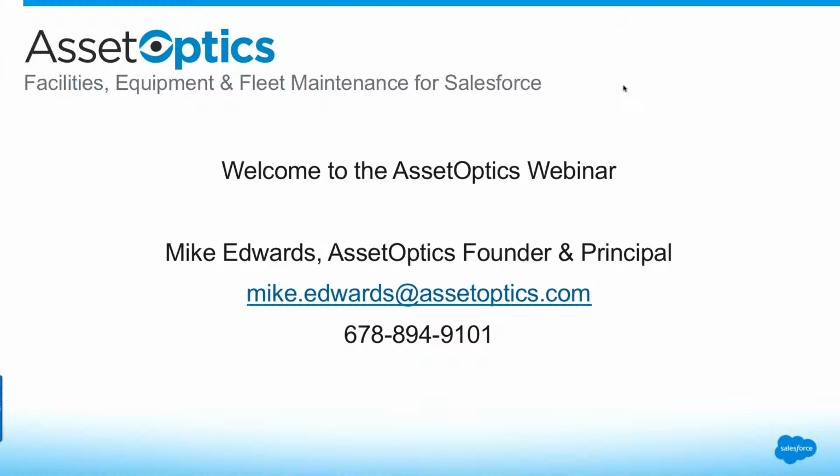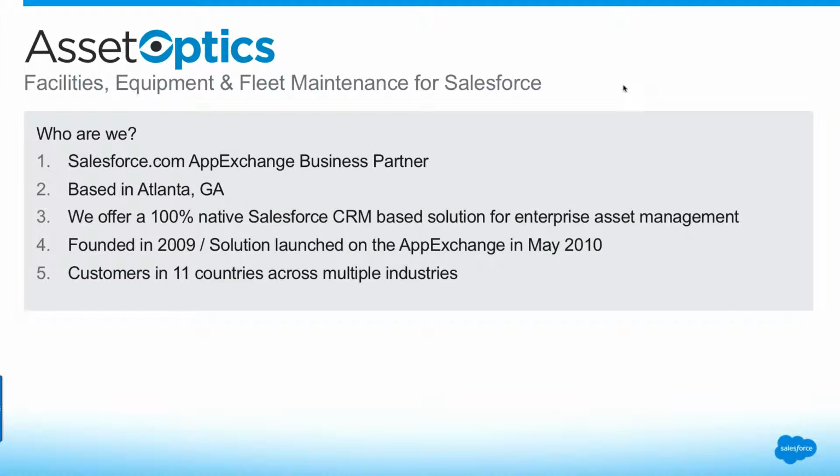Let me give you a little bit of background about AssetOptics, who we are. AssetOptics is a Salesforce OEM AppExchange business partner based in the suburbs of Atlanta, Georgia. We offer the leading 100% native Salesforce CRM-based enterprise asset management solution.